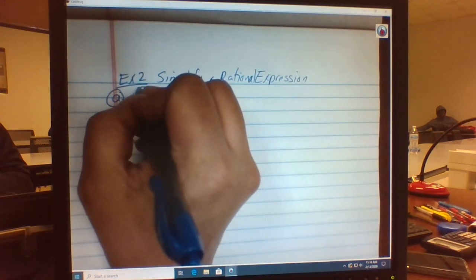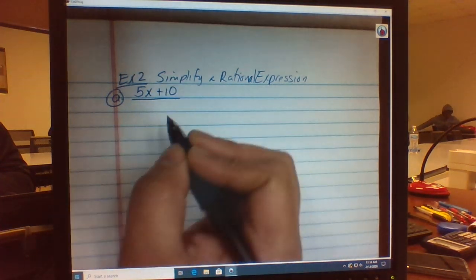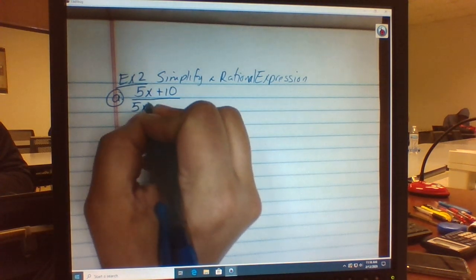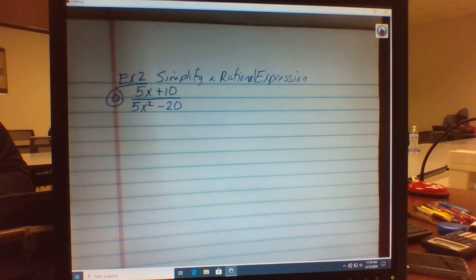Let's start off with something smooth. Let's look at this problem. When you see 5x plus 10, that's one expression. When you see 5x squared minus 20, that's another one. You factor them individually, not together.